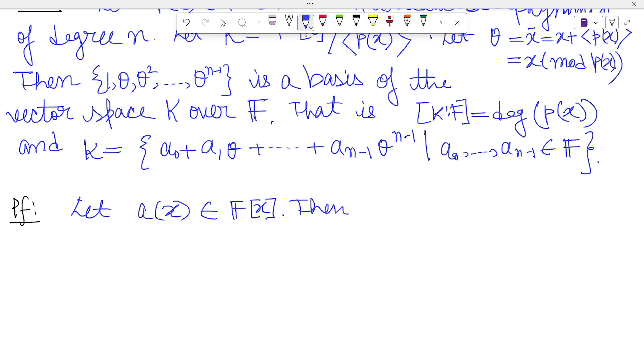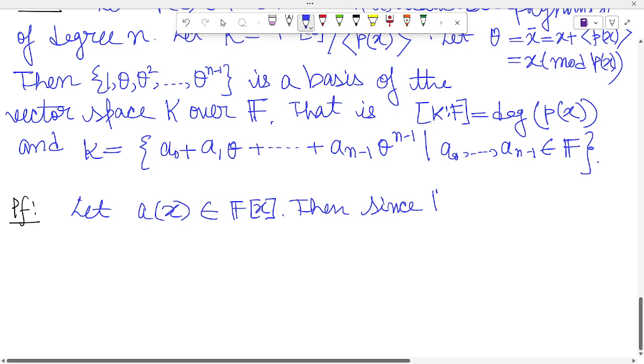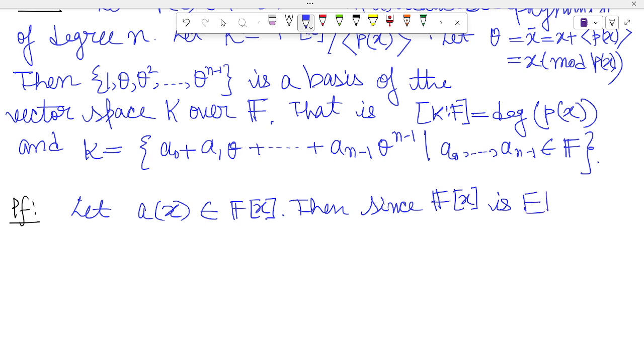Then, since F[x] is a PID, that is necessary; UFD is not. PID, that means Euclidean domain. So perform division.